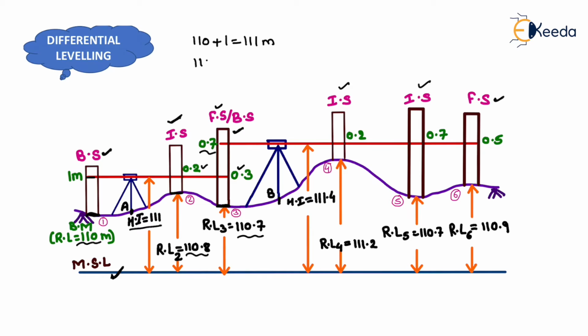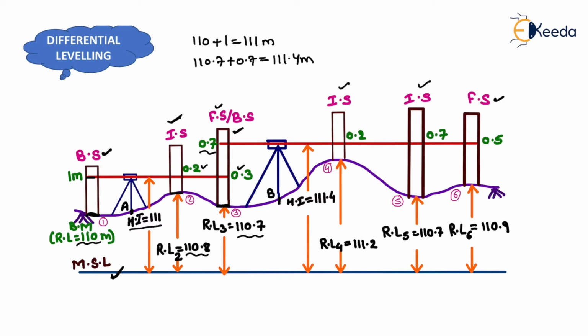So 110.7 plus 0.7, it will be equals to 111.4 meter. That will be the height of instrument at instrument station B. Now this height of instrument will remain constant for all the other readings till we don't change the instrument station. So it will be constant for station 4, 5 and 6.